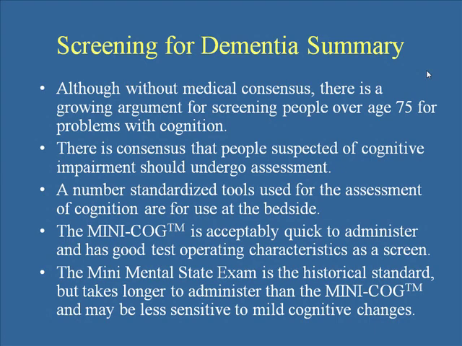There is consensus that people whom you suspect of having cognitive problems should undergo assessment. So even if you aren't at a point where you feel that routine screening for all older patients needs to be done in your own practice, it's pretty clear that it would be valuable to master these bedside tools and have them available for you to evaluate people for whom you are suspecting problems with cognitive impairment.